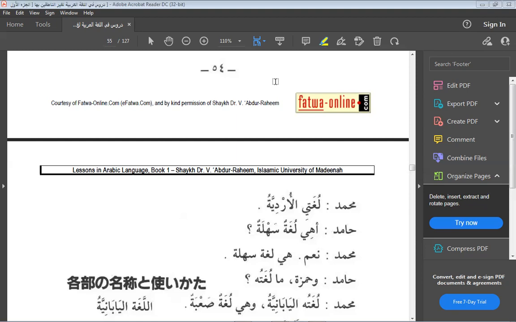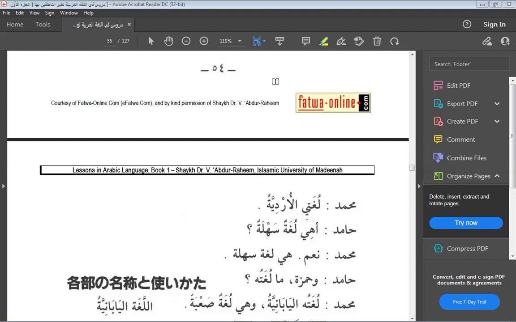If it is bintun, bintani, 2 girls. Ukhtun, ukhtani. Akhun, akhawani. So you use the dual to mean 2 brothers. If you say li akhawani, I have 2 brothers. Li ukhtani, I have 2 sisters. So for 1 and 2, you don't need any difficulty.